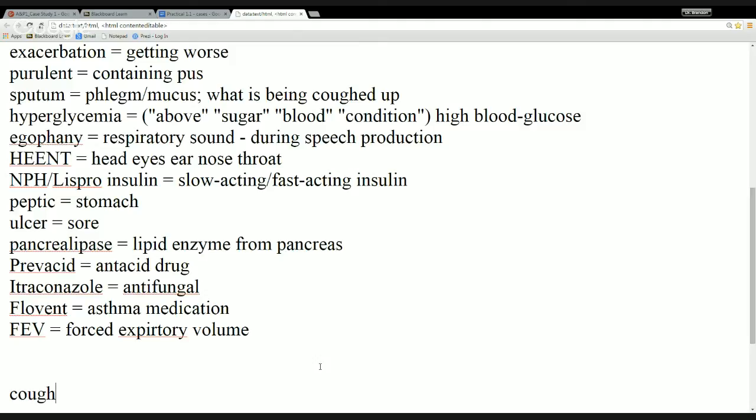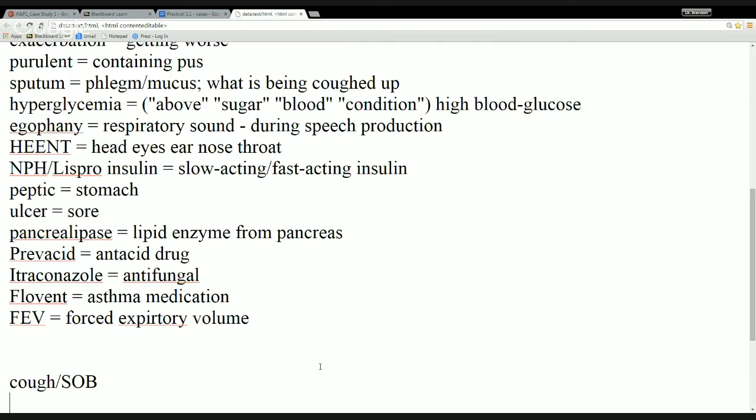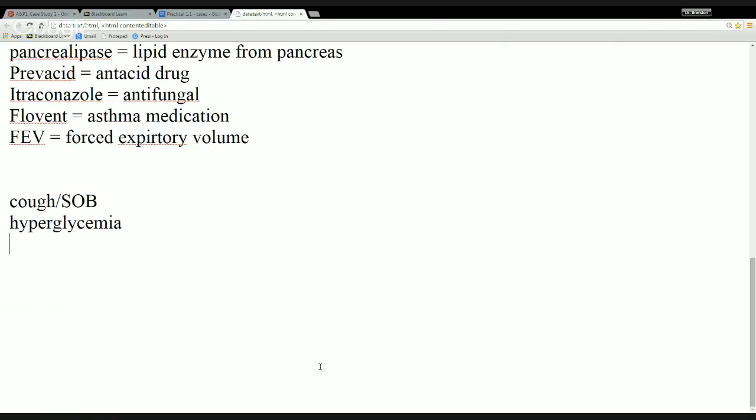Shortness of breath. Yeah. So I'm going to put shortness of breath along with cough because they're kind of related. And that's shortness of breath, not the other thing that SOB stands for. What else? High blood sugar. Okay, so there's the hyperglycemia. What else?